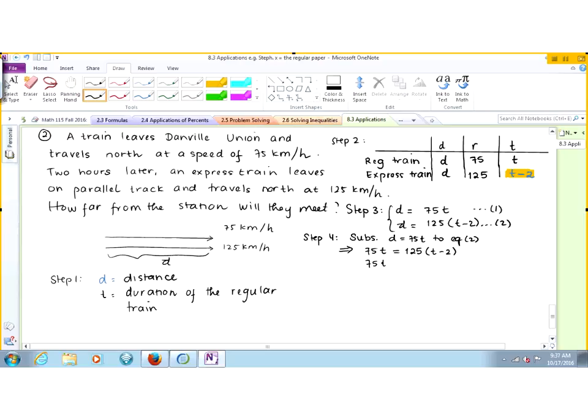Okay. So 75T is equal to 125T minus 250. All right. Now what? We subtract 125T from both sides, so negative 50T is equal to negative 250. What is T? T is equal to 5, yes.